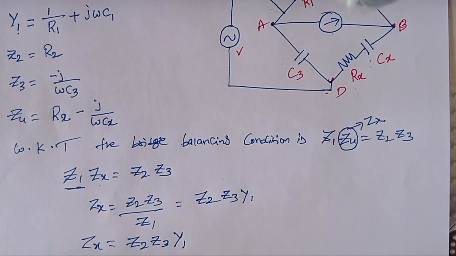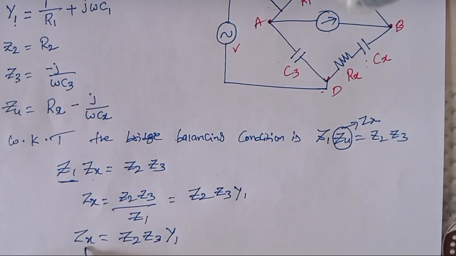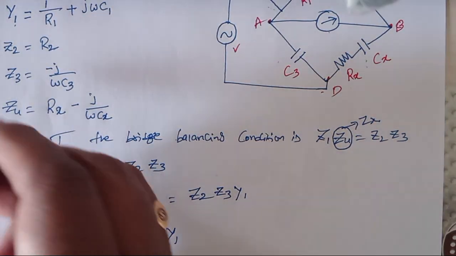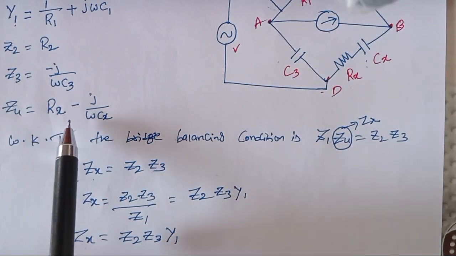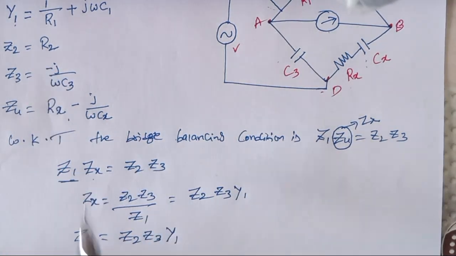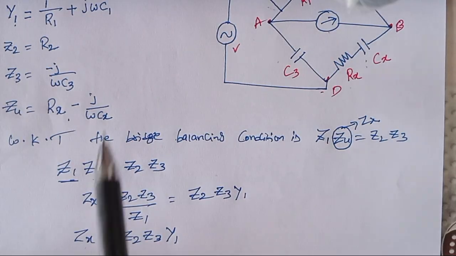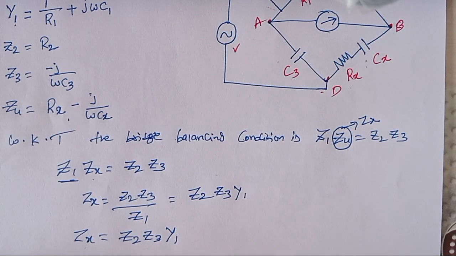Now look here. Zx or Z4 equal to Rx minus j by omega Cx. Z2 value is there, Z3 value is there, Y1 value is there. Just substitute all those values.